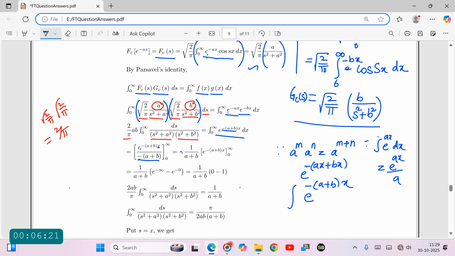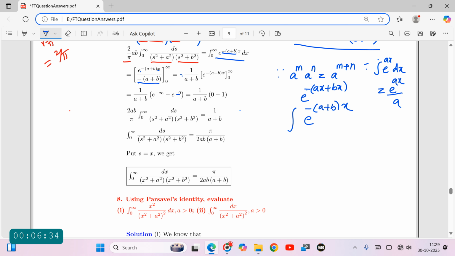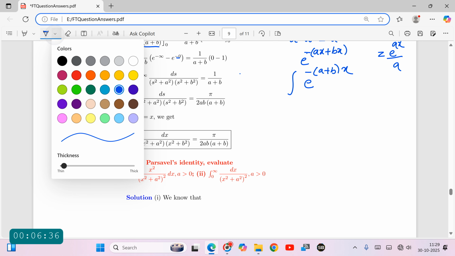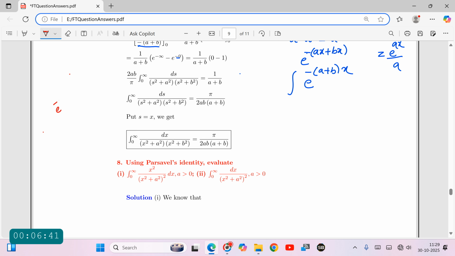Now apply infinity in place of x and also 0 in place of x. The value of e power minus infinity is 0 and e power 0 is equal to 1. So substitute the values here. Finally, what is the value we get on the right side? 1 by a plus b.